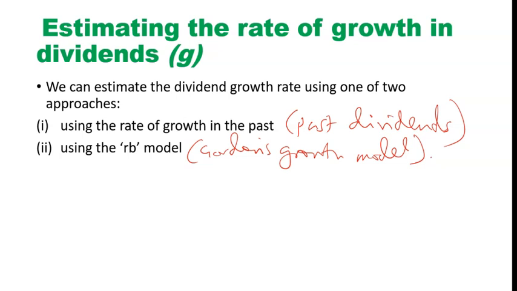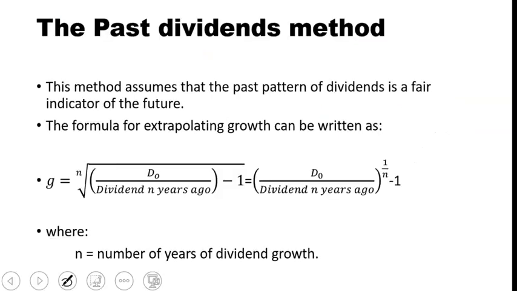When you are using the past dividends, then you need to use this formula where g is equal to the nth root in brackets D0 over dividend n years ago, minus 1, which can be simplified to D0 over dividend n years ago to the power 1 over n, minus 1.